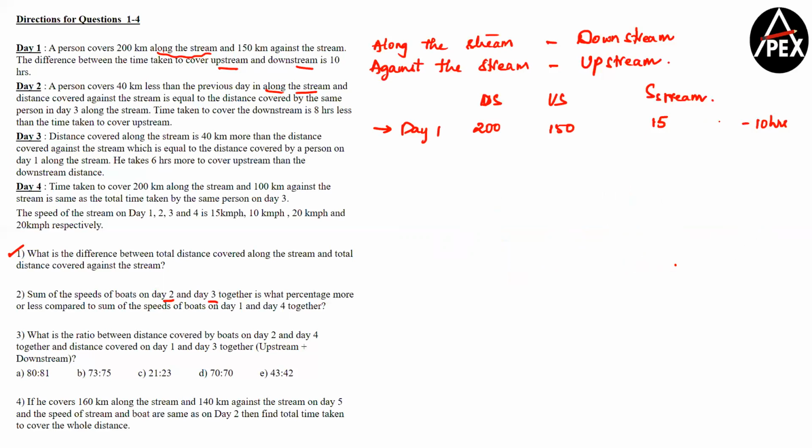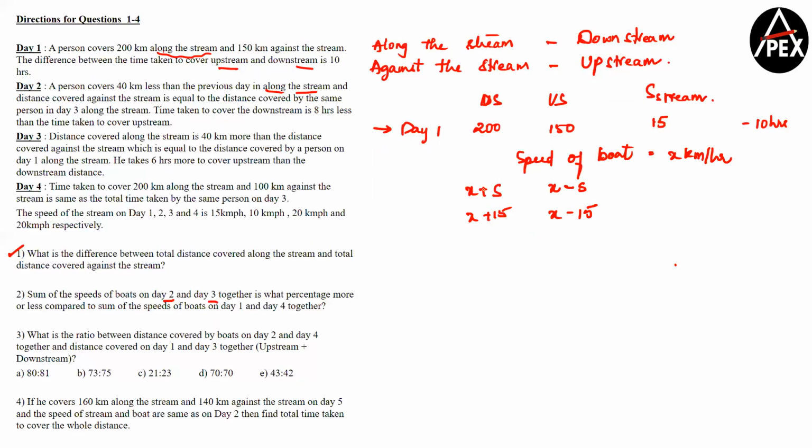For example, if I take the speed of the boat as x kilometers per hour, then the speed downstream will be x plus 15, speed of boat plus speed of stream. In upstream, the speed will be speed of boat minus speed of stream. So it will be x plus 15 and x minus 15.